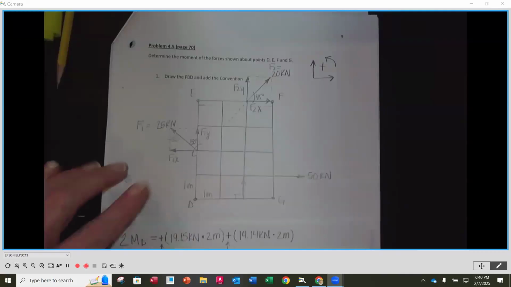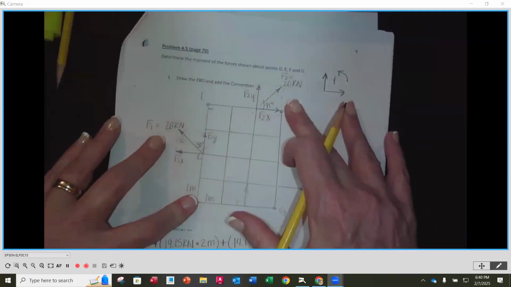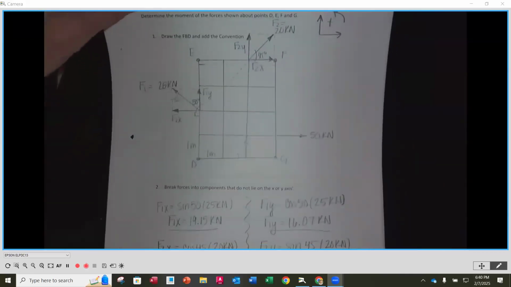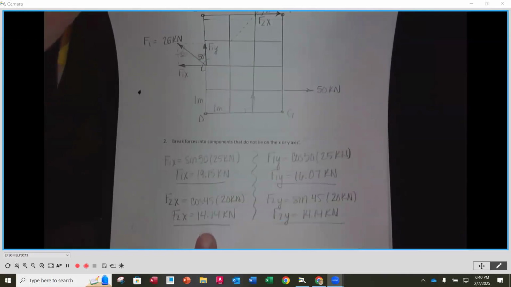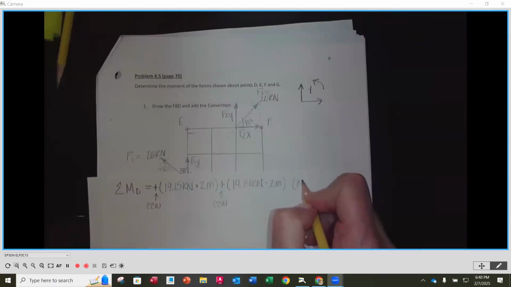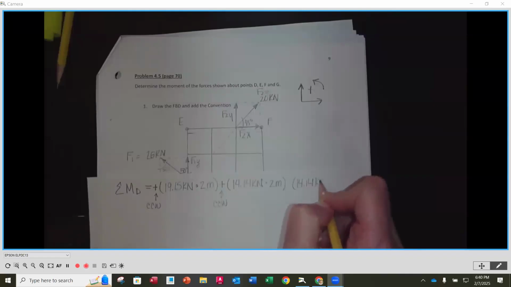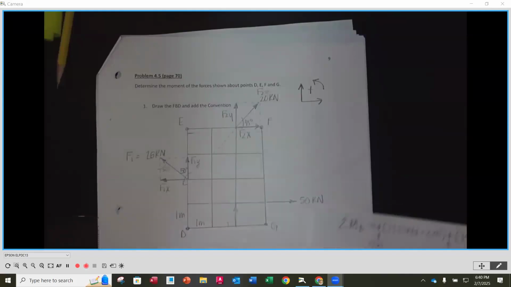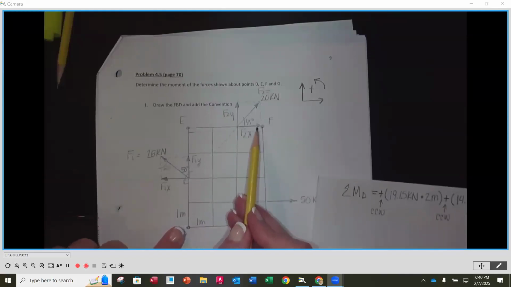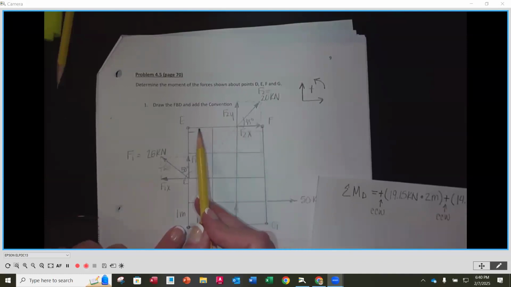All right, our next one, finger on D, pull in the direction of the F2x causes rotation. F2x magnitude 14.14. So I'm going to go 14.14 kilonewtons times perpendicular distance. D is here, F2x is here. We're going to pull it back along its line of action, and imagine it right here, principle of transmissibility.